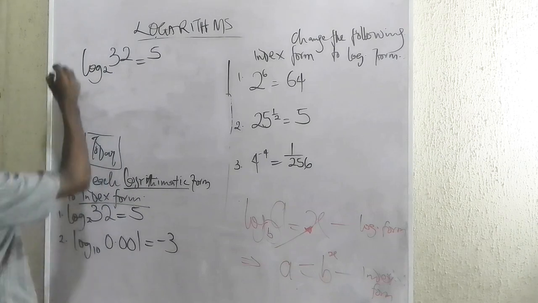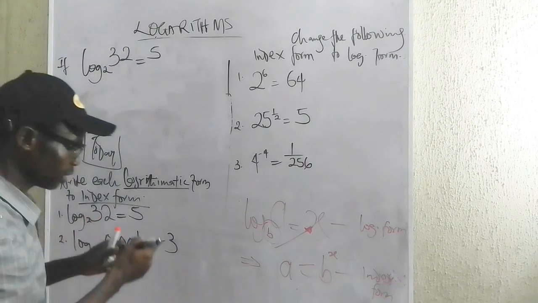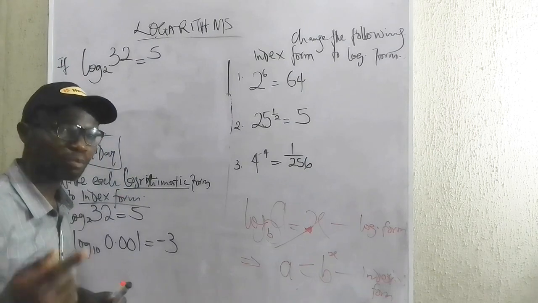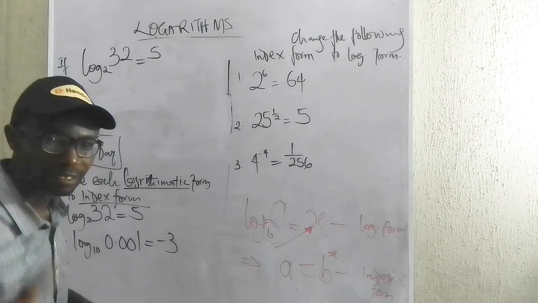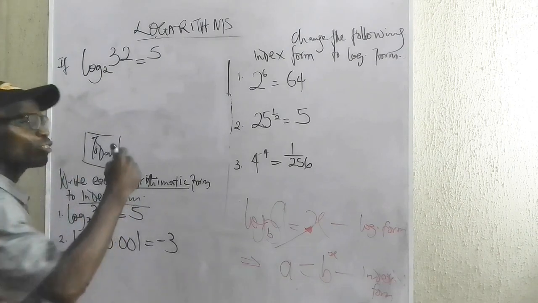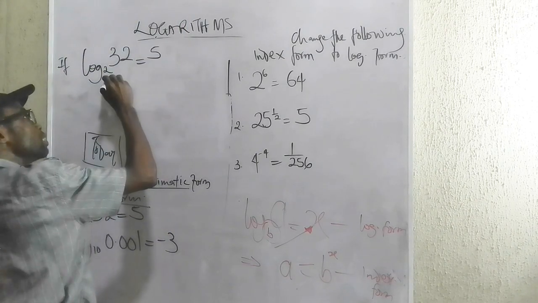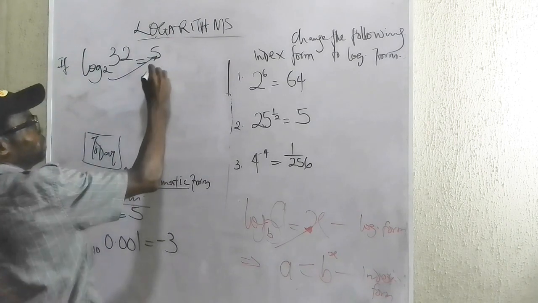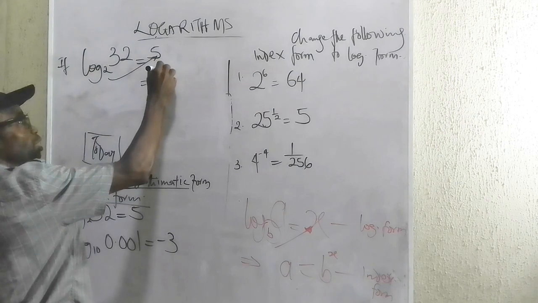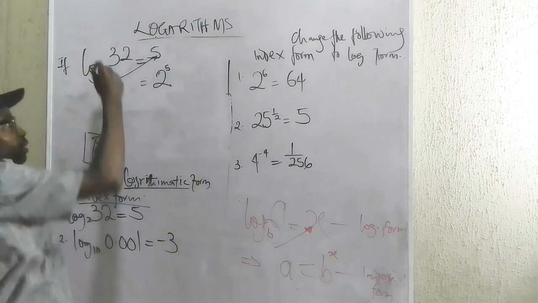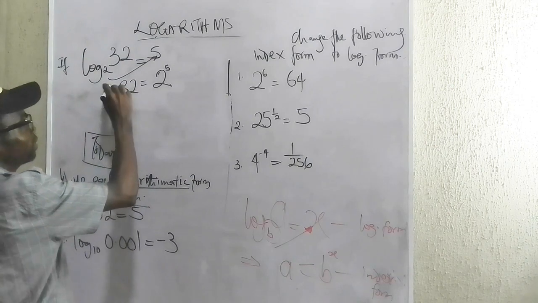If log 32 in base 2 is equal to 5, that means the log of 32 to a particular base 2 is the number of times the base will be raised, the base is pushed up. So the base is 2 and pushes 5 up to give that number. So this is the answer.